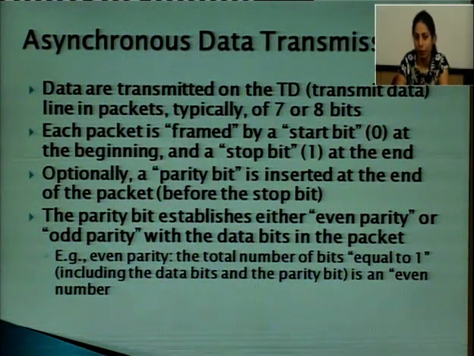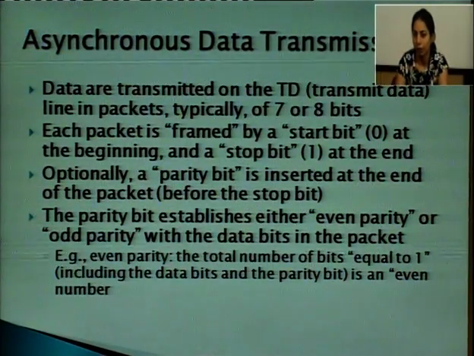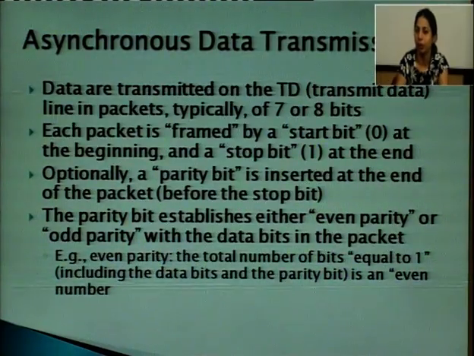For example, in even parity, in the total number of bits, the number of ones should be even, means we can have an even number of ones. So, by utilizing the concept of even parity and odd parity, we ensure the integrity of the data in the packet.